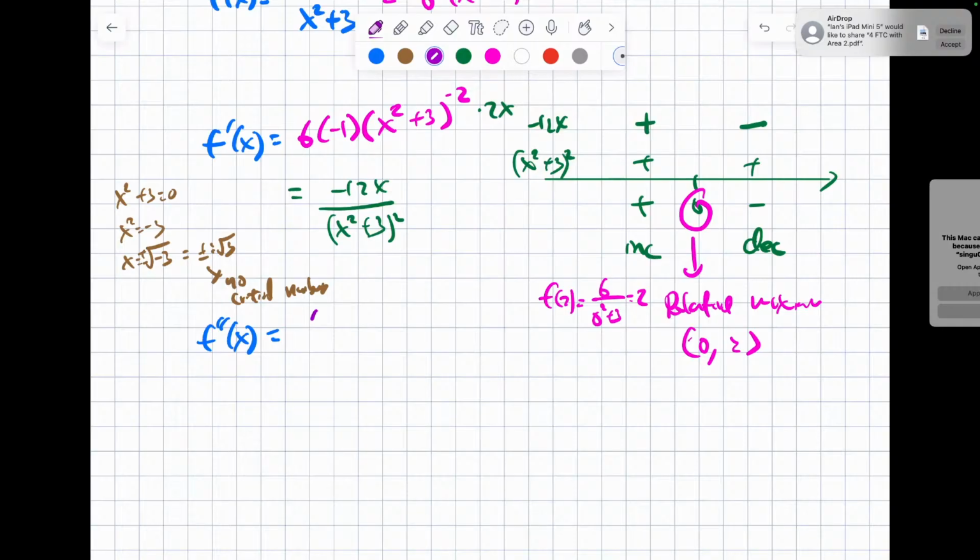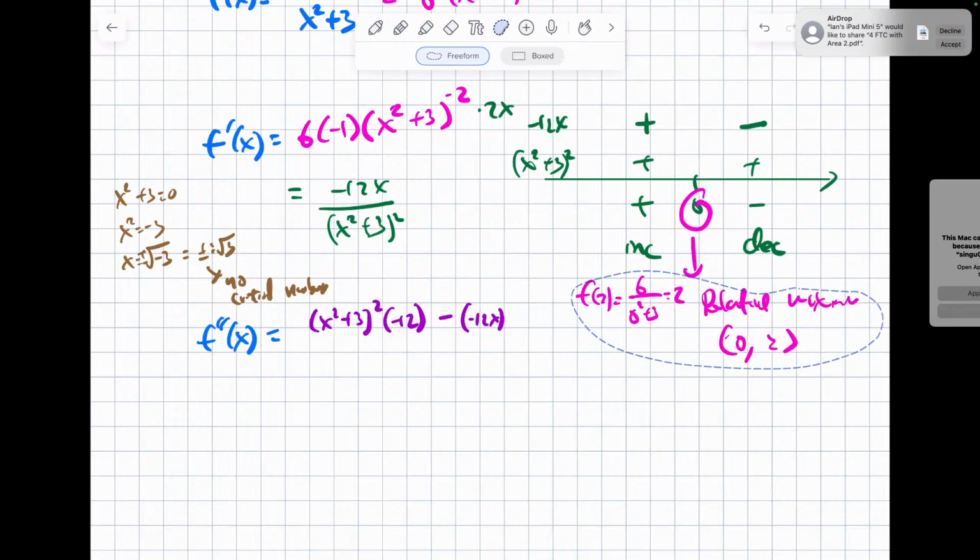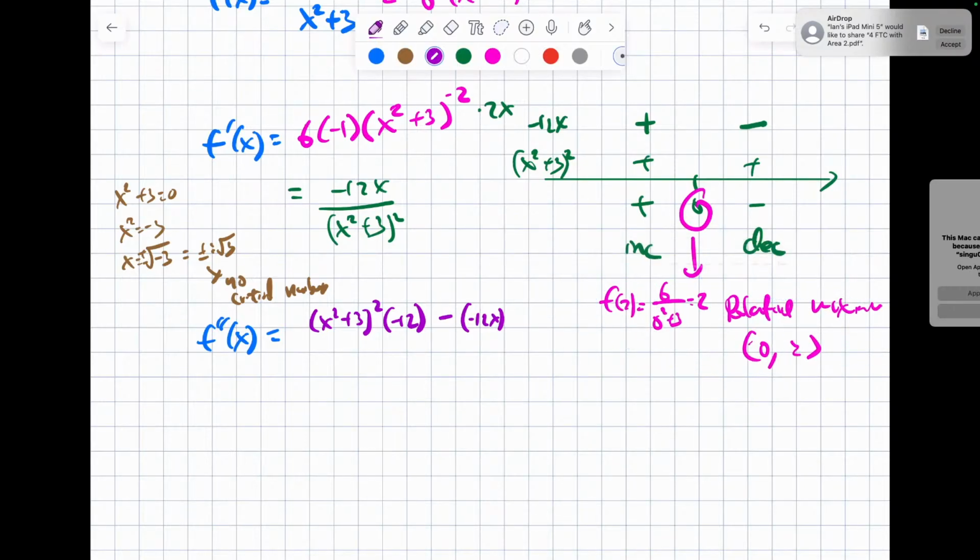So we love the low D high minus high D low. I'm going to move this a tiny bit. High D low is going to be 2 times x squared plus 3 to the first times 2x.